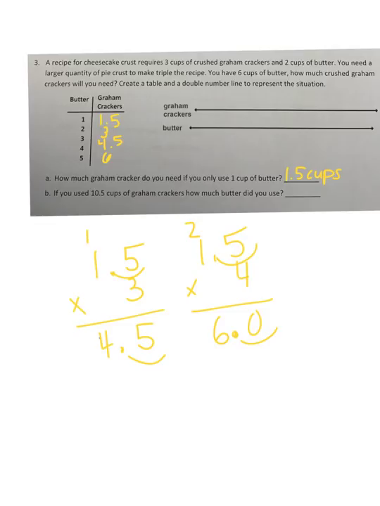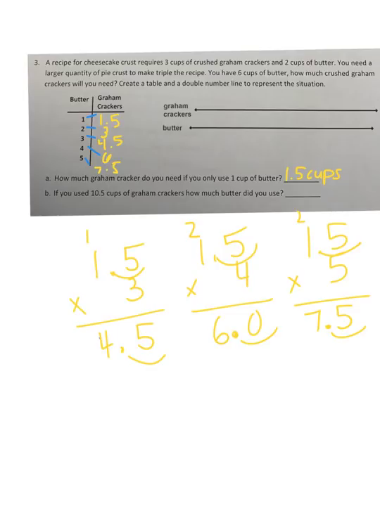And then for 5 cups of butter, 1.5 times 5. 5 times 5 is 25, carry the 2. 5 times 1 is 5, plus 2 is 7. Move my decimal in once, so I need 7.5 cups of graham cracker for 5 cups of butter. So make sure yours match up better than mine.